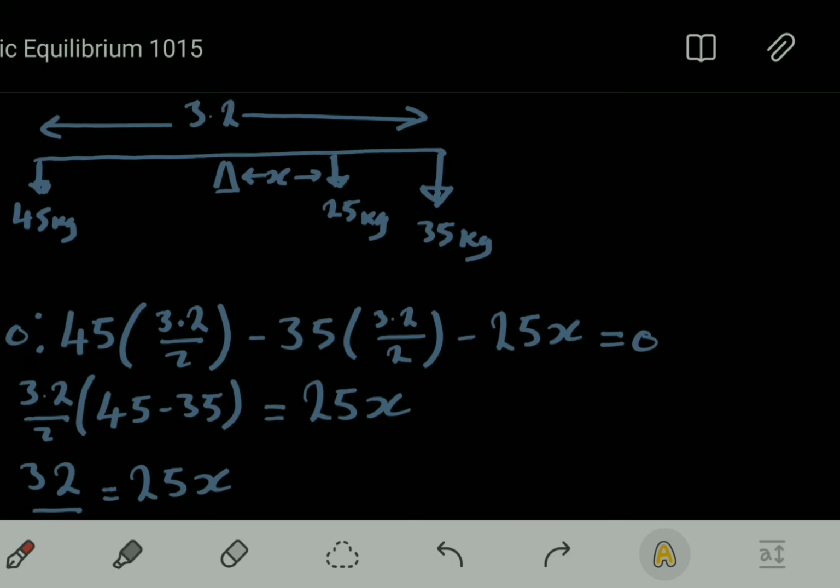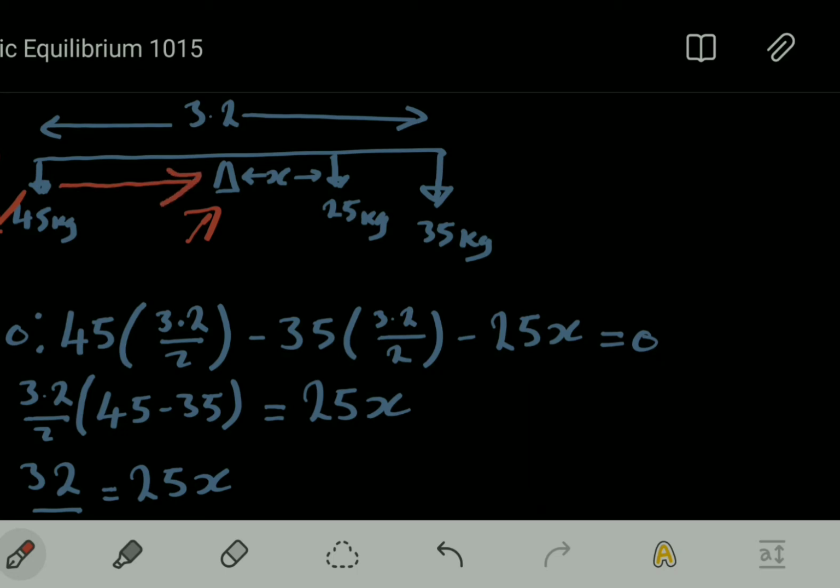of the third girl, and we have our pivot this time at the center, so let us consider all the torques. Okay, so we have 45 kilograms causing an anti-clockwise torque over a distance of, so notice here that this force acting towards this end is only perpendicular to a distance from there to the pivot.